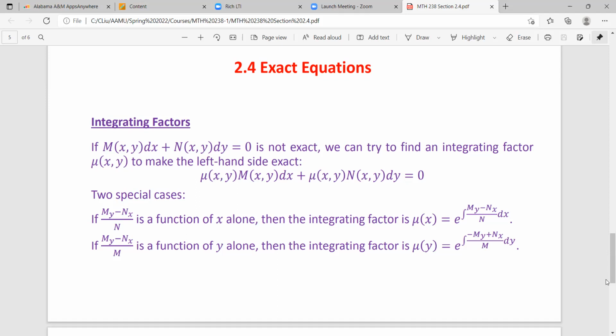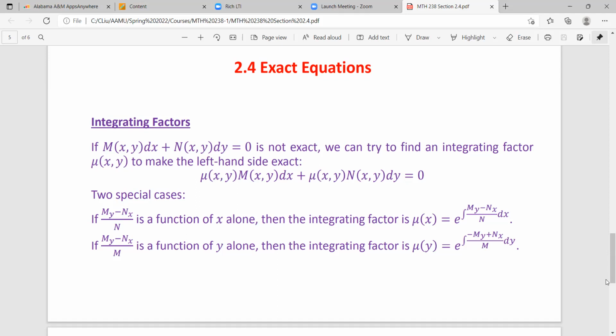Once you find the integrating factor mu, you multiply it with the original differential equation so that the equation becomes exact, and then you just follow the steps we discussed previously to solve the equation, because we know how to solve exact equations.